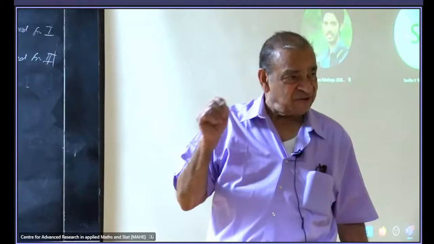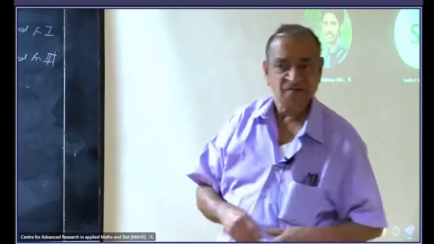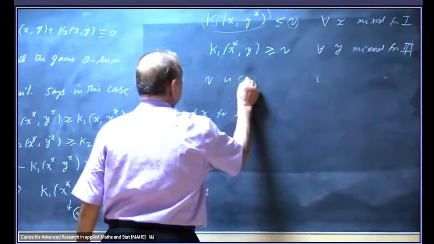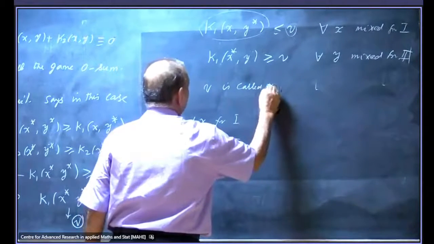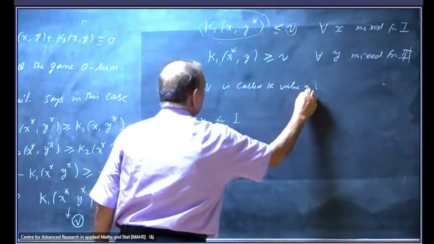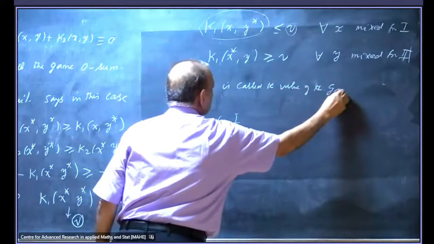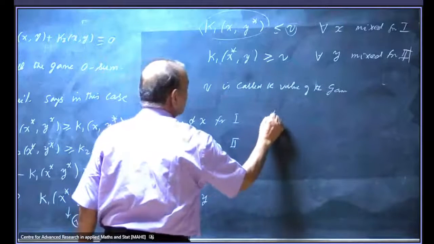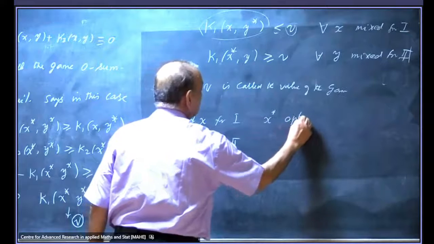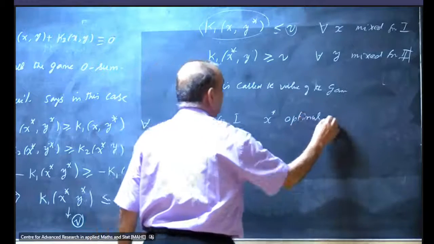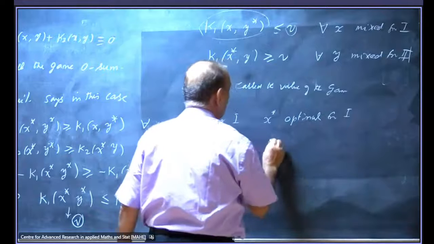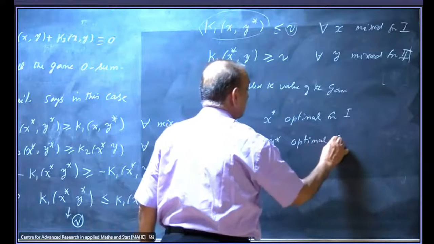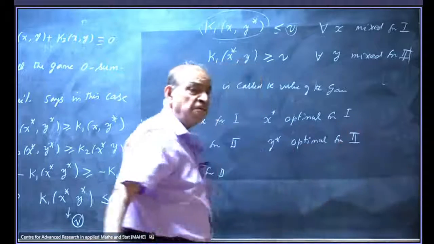So this unique number B is called the value of the game. In the zero-sum case, we call X star optimal for 1 and Y star optimal for 2.